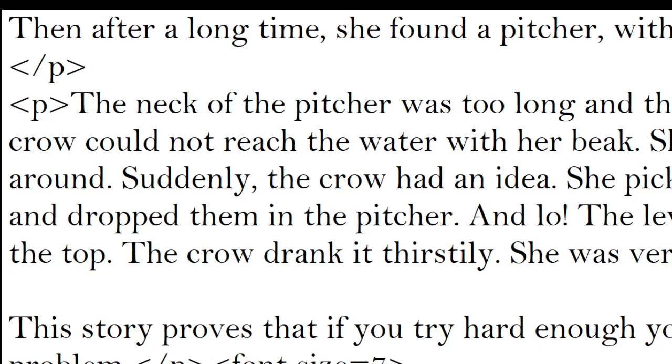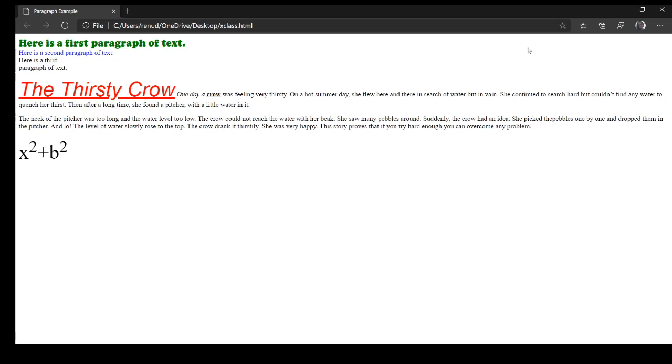After SUP you can write the 2, and then close the SUP tag. Clear everyone? So again you can save it and minimize this notepad, and this notepad file is called the source file. Then open your web document in your web browser, and refresh your text here.